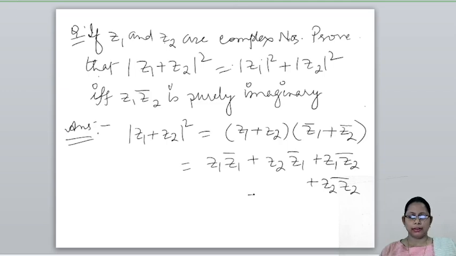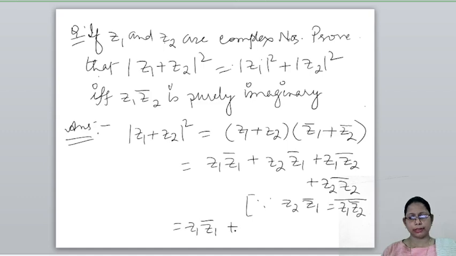Now we know that Z1 conjugate Z2 is equal to the conjugate of Z2 conjugate Z1. So in the next step we are going to write Z1 Z1 conjugate, and instead of Z2 Z1 conjugate plus Z1 Z2 conjugate, I am writing this term first, then I am writing this one, Z1 Z2 conjugate plus Z2 Z2 conjugate.